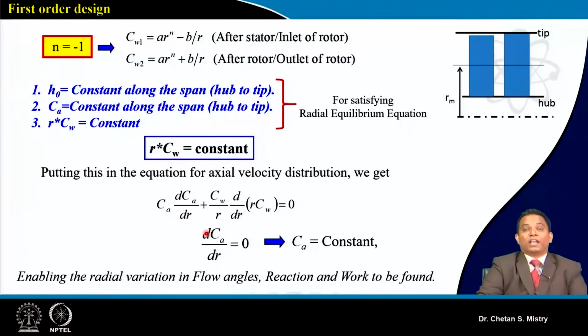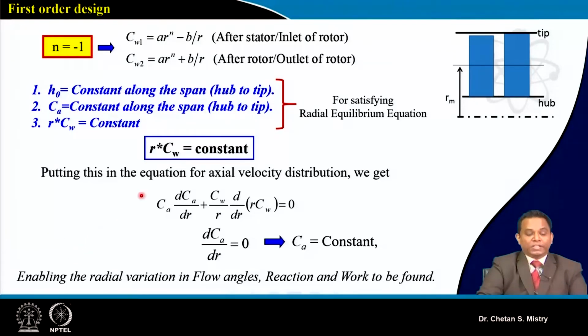Now you can understand, if I am taking my exponent as n equal to -1, that is giving me my free vortex design concept, and that is satisfying all the three conditions we are looking for to satisfy the radial equilibrium equation.